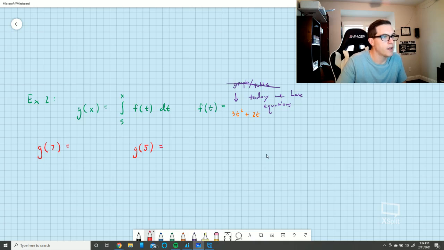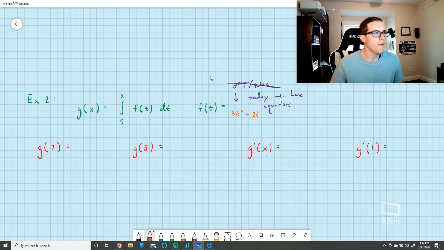Let's find g prime of x. And let's find g prime of 1. Even though 1 is less than 5, it doesn't matter. This 5, as we'll see, has an important property down the road.